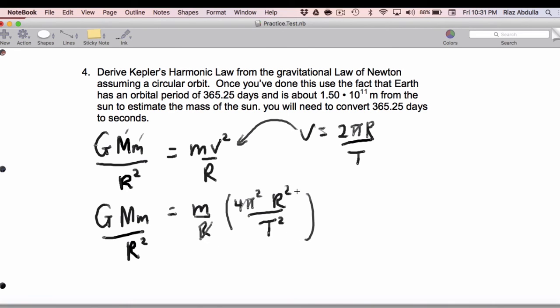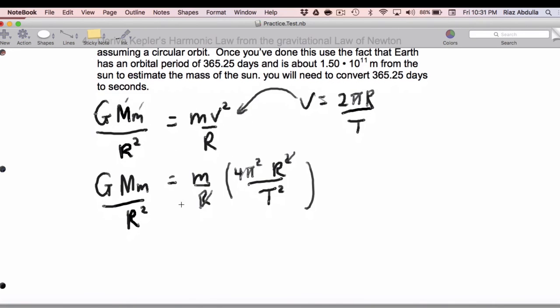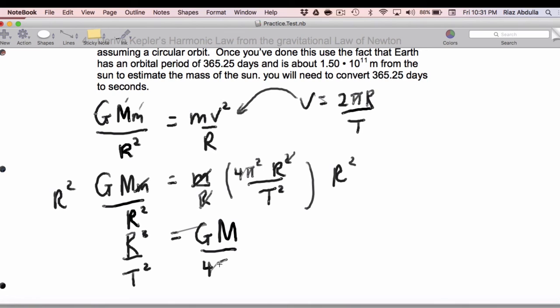Well, one of our r's cancels, the little m cancels, and so when we multiply both sides by r squared, what we'll end up getting is that r cubed over T squared is equal to G times the mass of the sun divided by 4 pi squared.